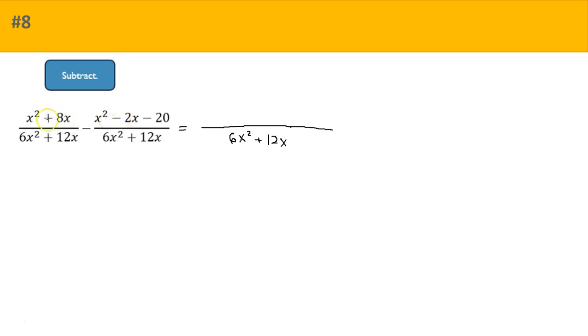Okay, so the numerator, we are just going to subtract the numerator. So I'll write it out in this way. x squared plus 8x minus x squared minus 2x minus 20.